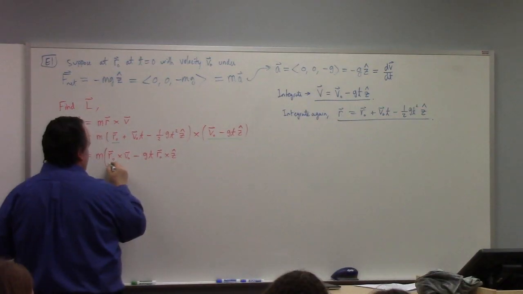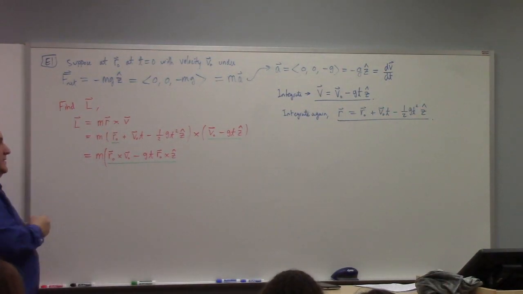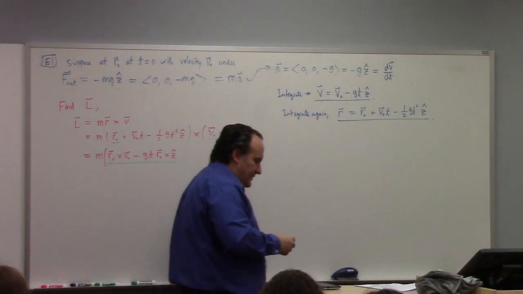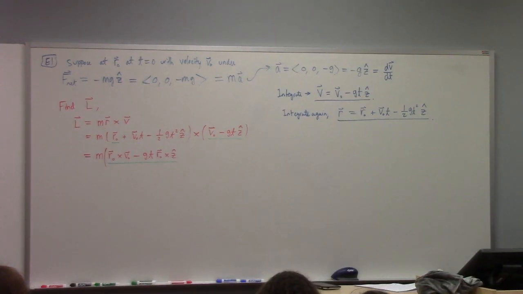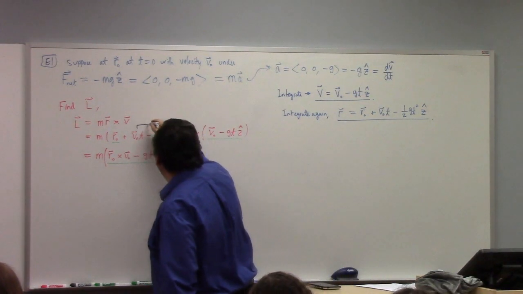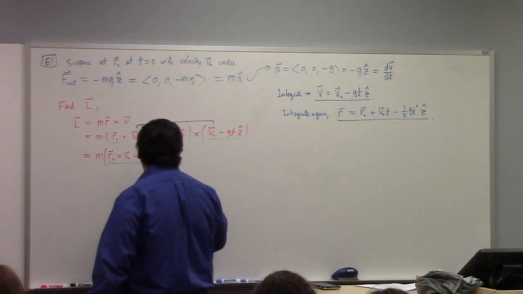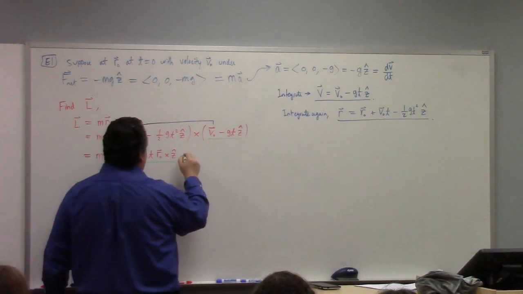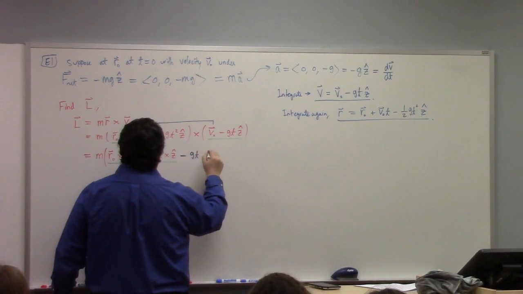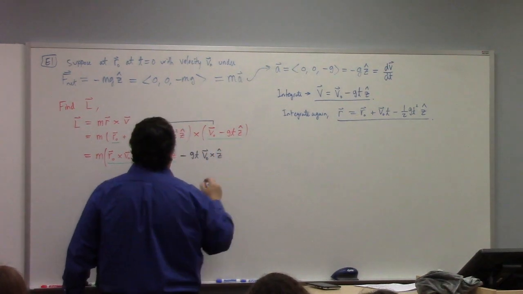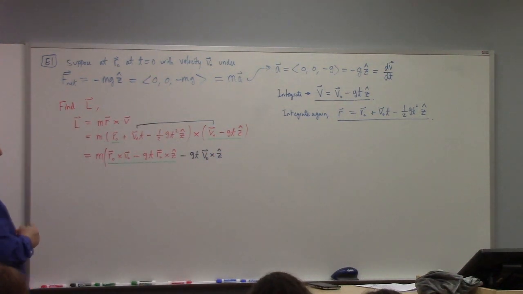Next up, I have v naught t crossed with, so you guys tell me what happens when I take the cross product of this piece here with this piece here. What happens? That piece is 0, so that's good. But we do get a minus g t v naught vector cross z hat from the remaining term.